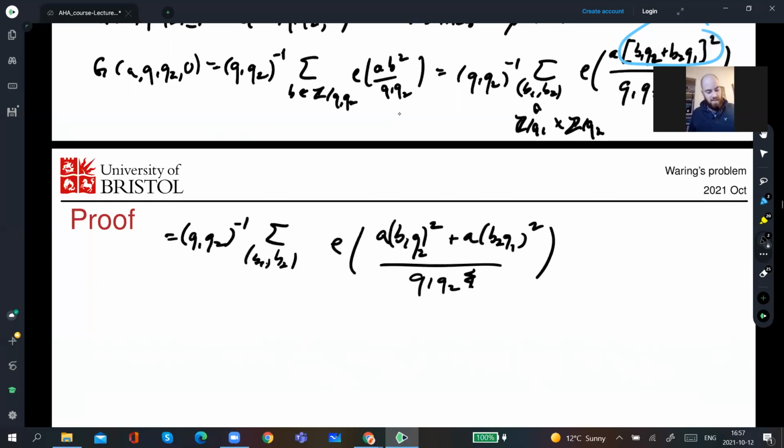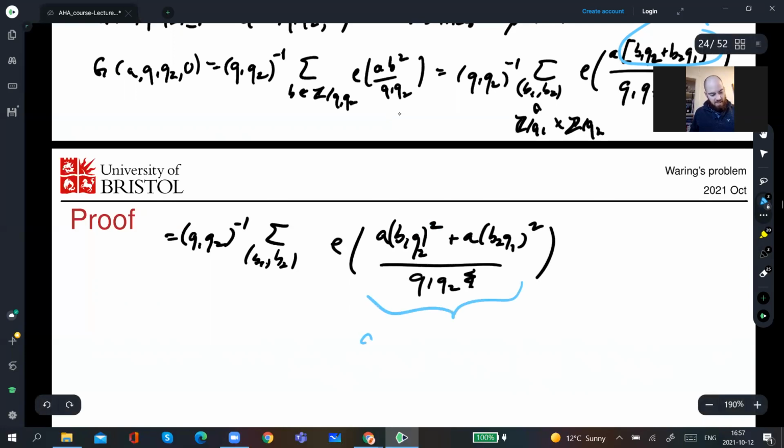Well, we can rewrite that as E of A B1 squared Q2 over Q1 plus E of A B2 squared Q1 over Q2.